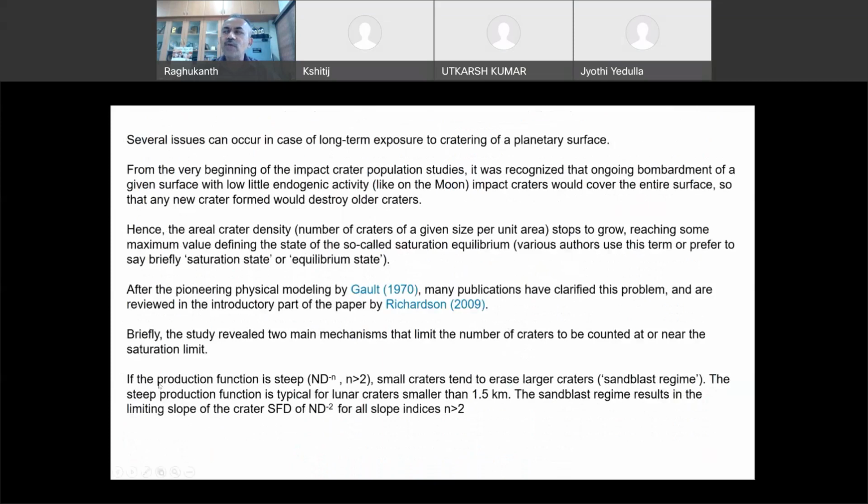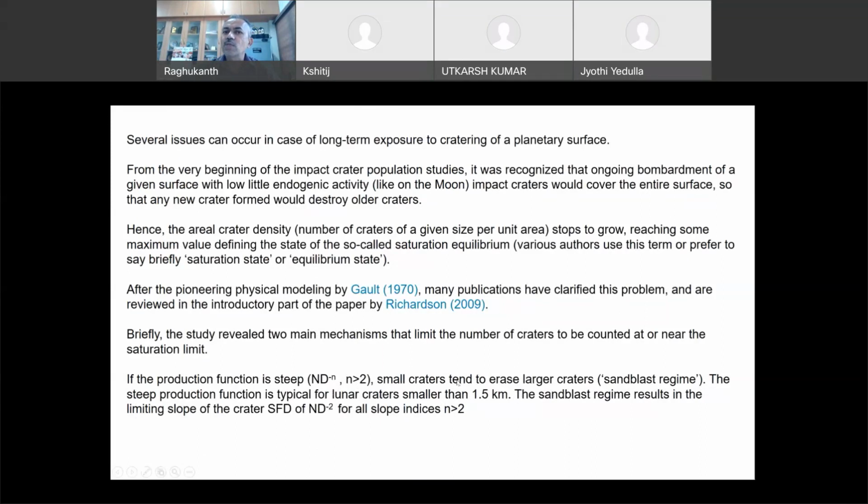These are words they use, NPF, the production function. So they have studied, like you say, N greater than 2. That means small craters tend to erase large craters, like the sandblast regime. He did experiments, this Gault, and he gave that steep production functions are typical for lunar craters smaller than about 1.5 kilometers.